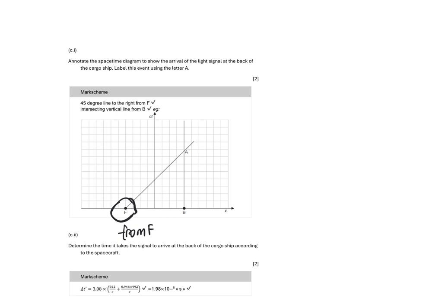We have to have a light line of 45 degrees, and then it hits point B, and it's going to intercept on the ct axis right here.